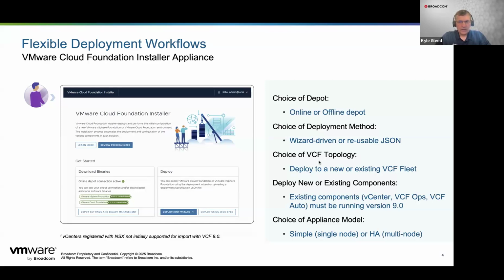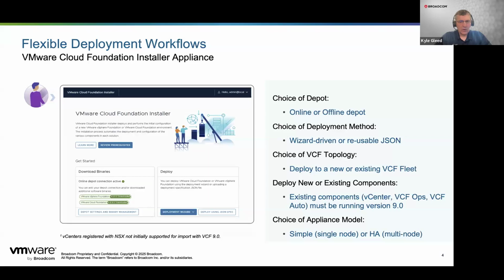When you do the VCF deployment, you will be asked to choose your VCF topology. And there will be a new term in there we call VCF fleet. This may be a new term that you're hearing for the first time. So what exactly is a VCF fleet? Well, with VCF 9, we now include both VCF operations and VCF automation as components that are part of every VCF deployment.